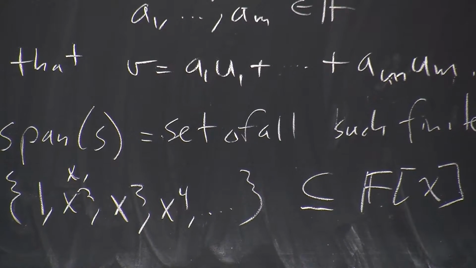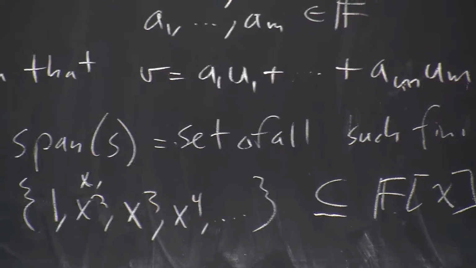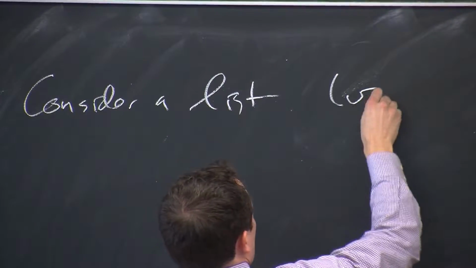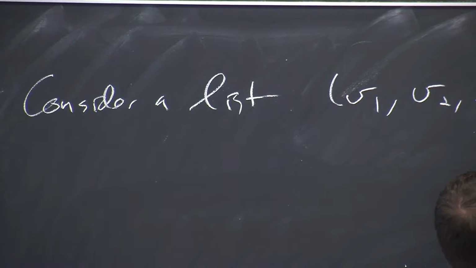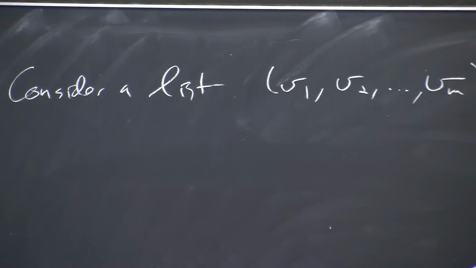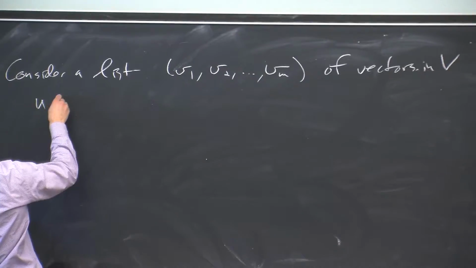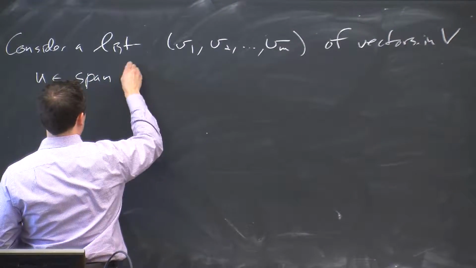So now let's make some definitions that have to do with uniqueness of this representation, uniqueness of the expression for a vector in terms of some list of vectors. So consider a list v1, v2, up to vm of vectors in V, and u in the span of this list.